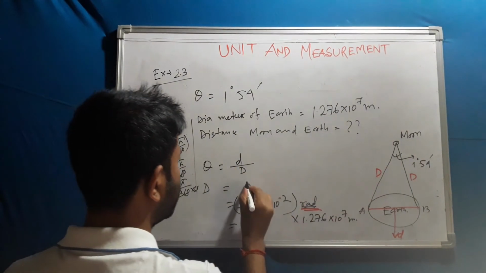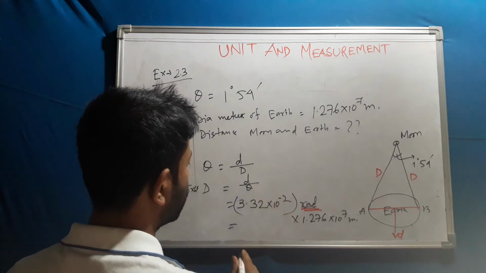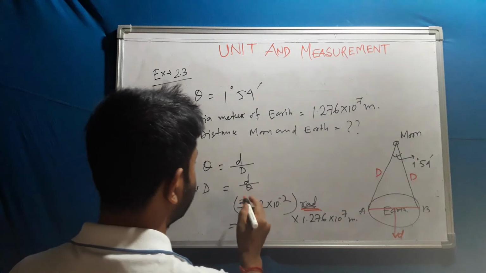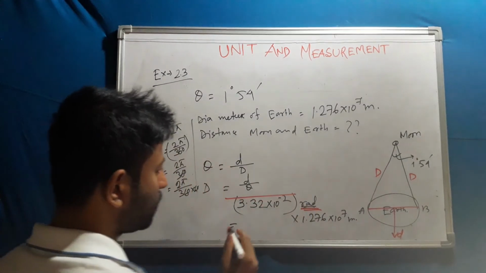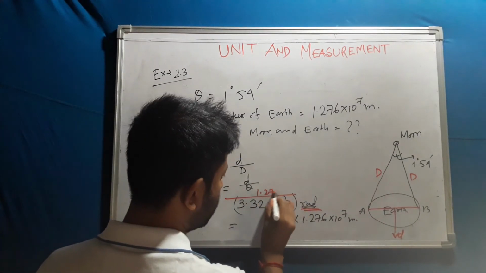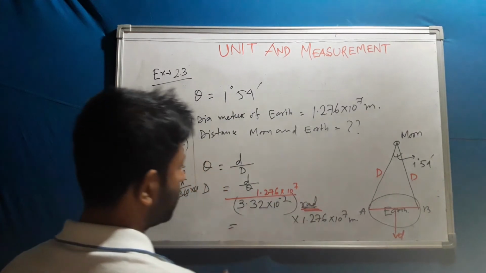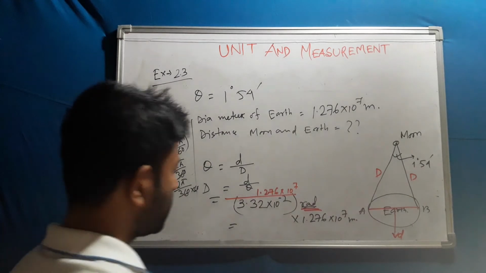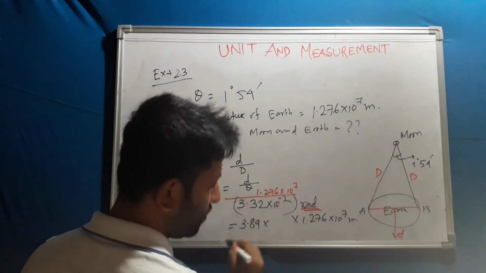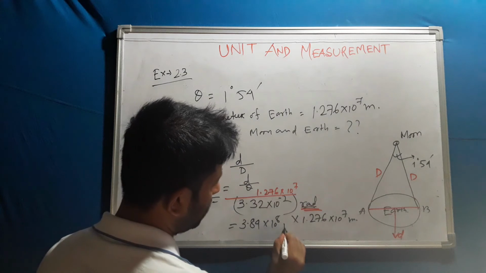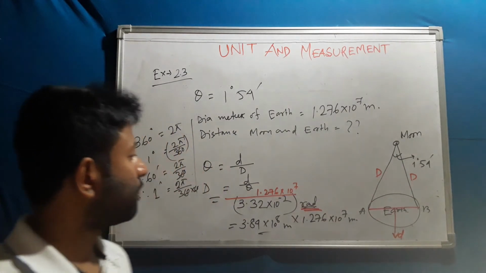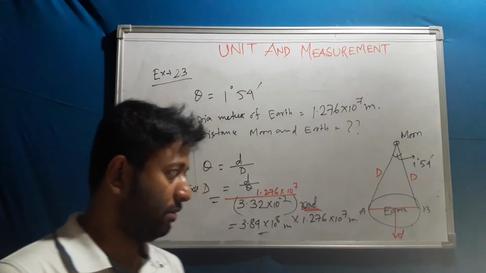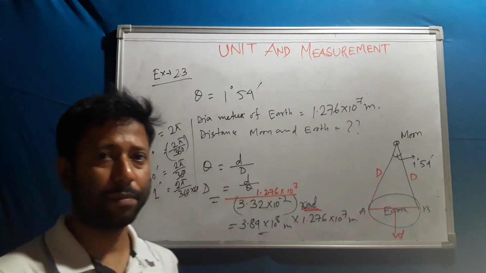So D equals b by theta. Then I have to divide 1.276 into 10 to the 7 by theta, and my result comes out like that, into 10 to the power. So this is the method. In this way I can measure any long distance from our Earth. This is done by the parallax method.